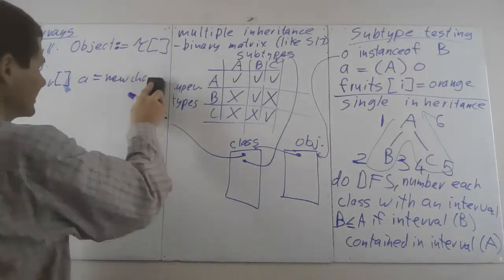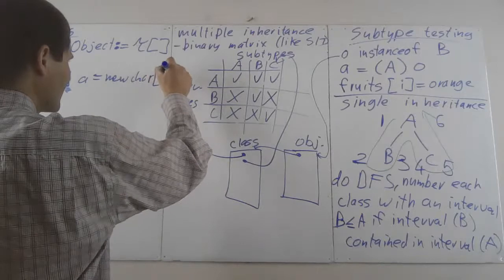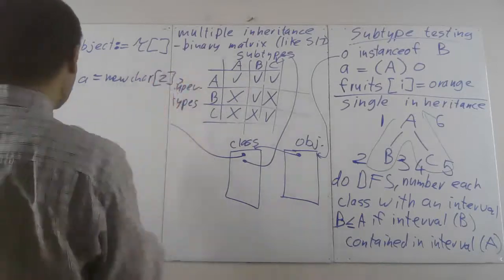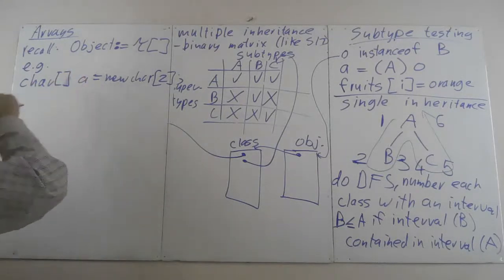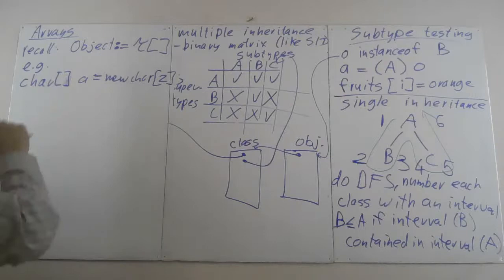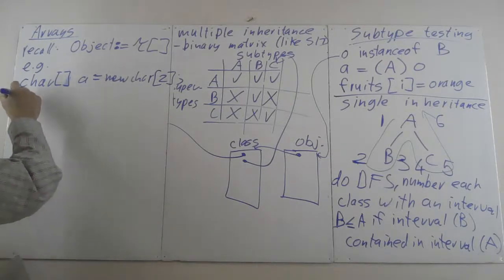Okay. Sorry, I'm trying to write fast and it's not working. Okay, so I create an array, and now, one thing that's nice is that Joos says you can't do much with an A, and that made the type system easier to implement.